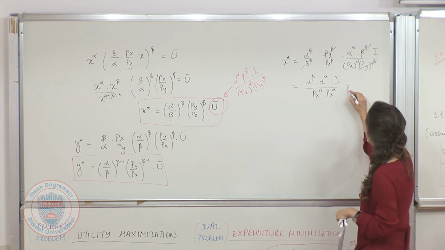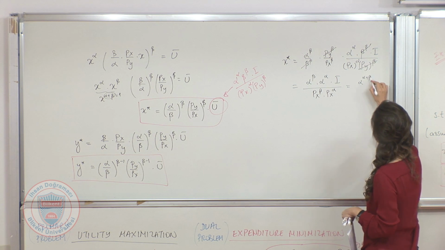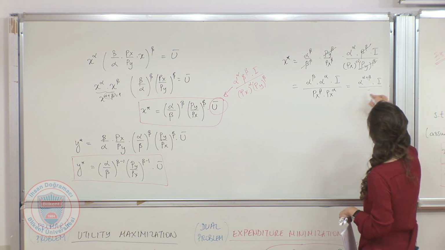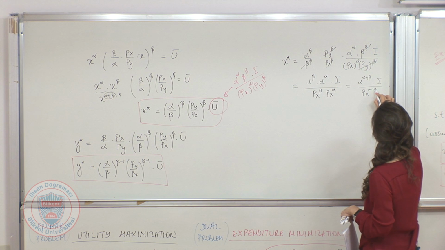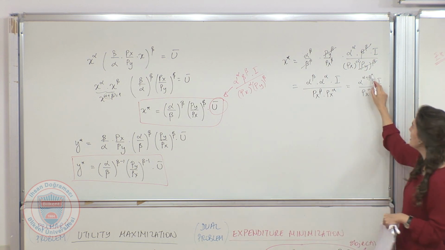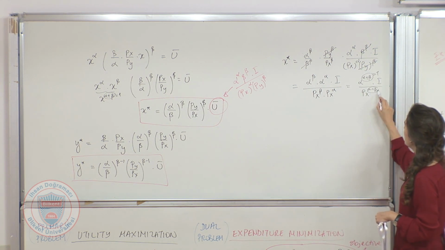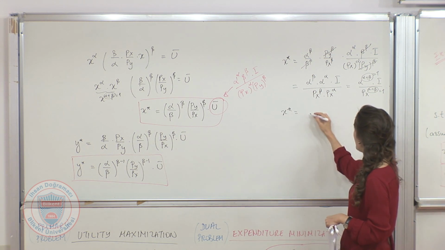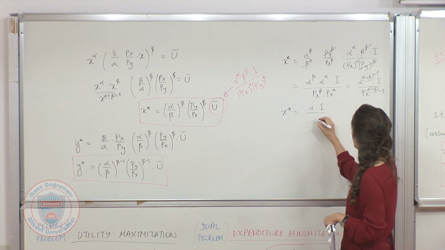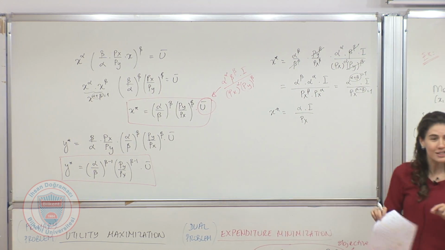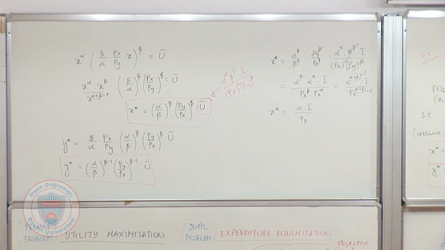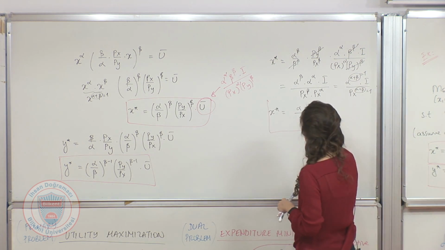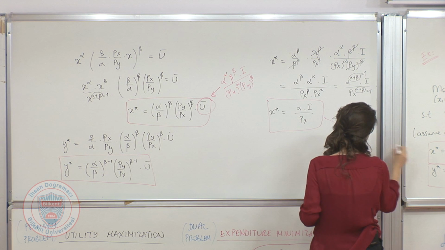So I can write this as alpha to the power alpha plus beta times I, px to the power alpha plus beta, right? And we said that these guys are what? 1. So basically you see that from here I found x star equals alpha times I divided by px. Does it look familiar? Right? So we actually made our point, right? You see it's exactly the same demand as before, okay?